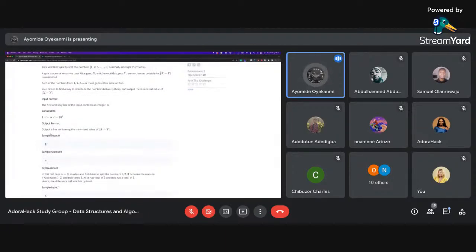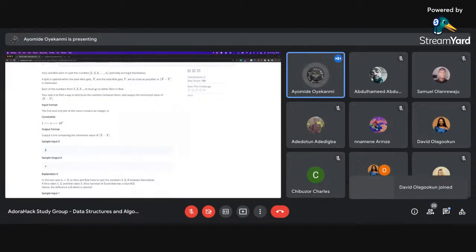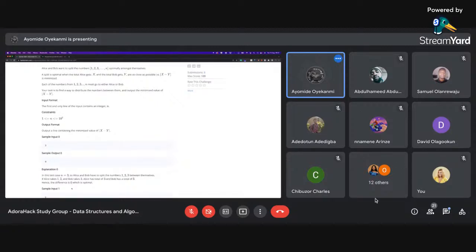So n equals 3 means you have 1, 2, and 3 in the array. The best way to split this would be to give Alice 1 and 2, and Bob takes 3, or the other way around. The difference between the totals is 0, which is the most optimal solution. So 0 is the best you can possibly get, right?